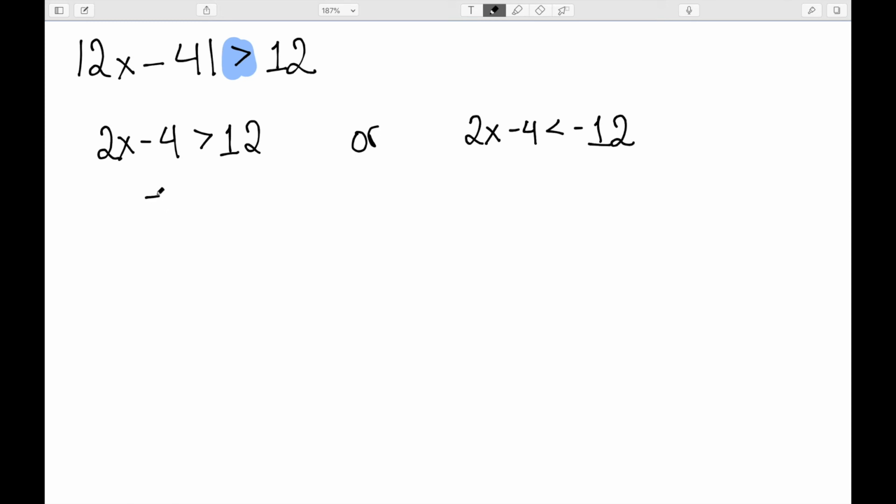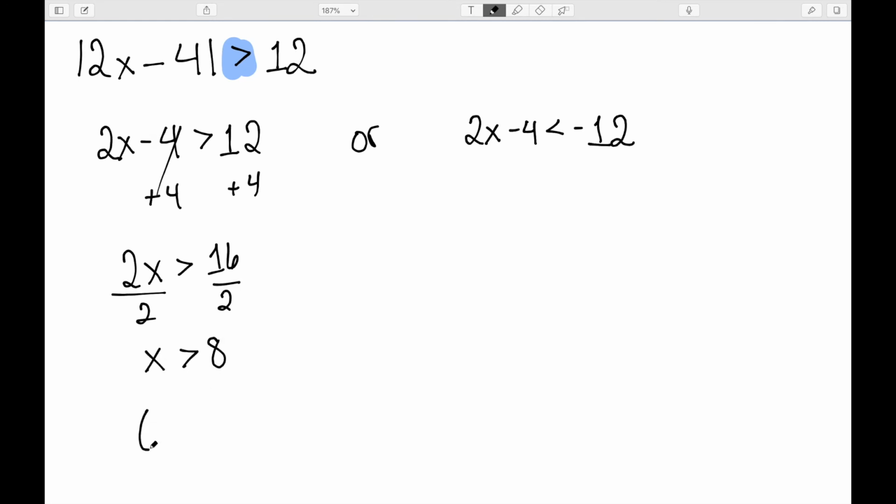For the inequality on the left, we add 4. That gives me 2x is greater than 16. Divide by 2, so x is greater than 8. So this means 8 or bigger, so 8 to infinity.